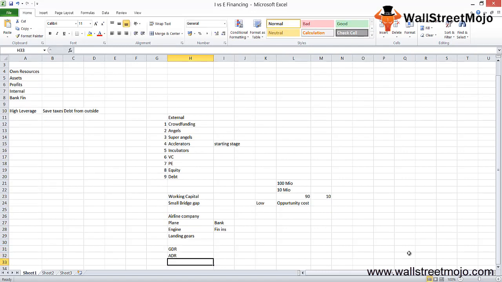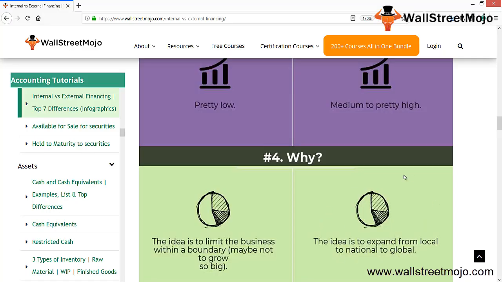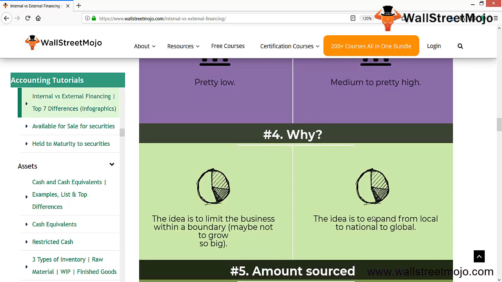If they want to expand and reach out to the global world, then probably they need funding for that. They need the large funders around. So this is the reason, to expand globally, and over here it's just limited in scope. So there's a limit over here to the scope. There's no limit to the scope over here.